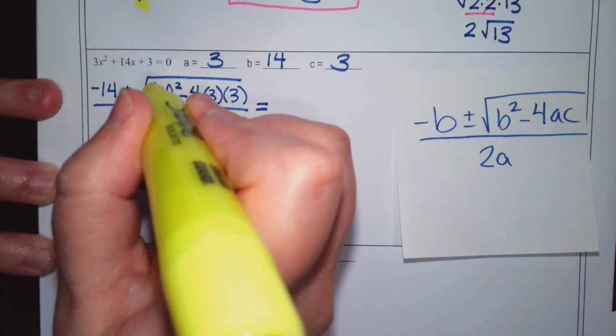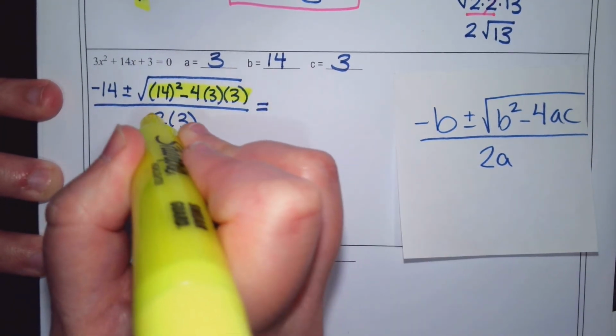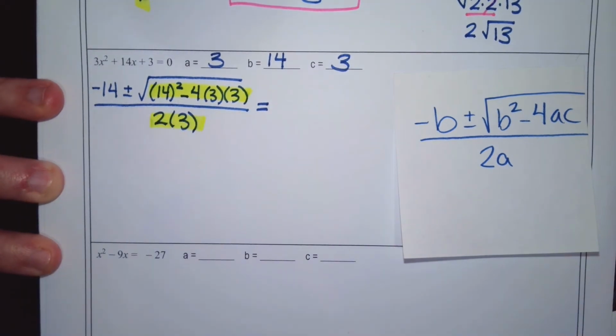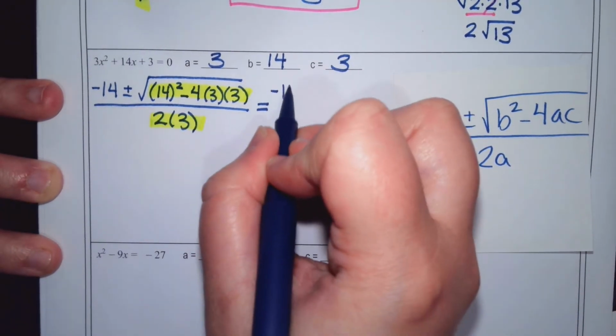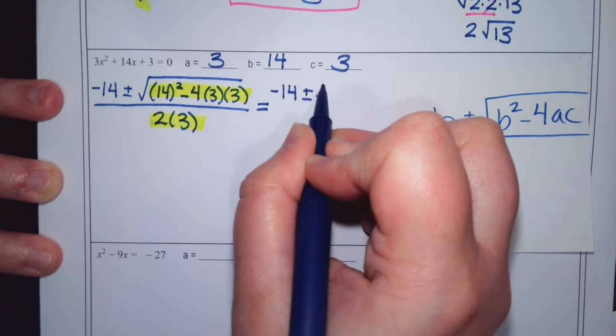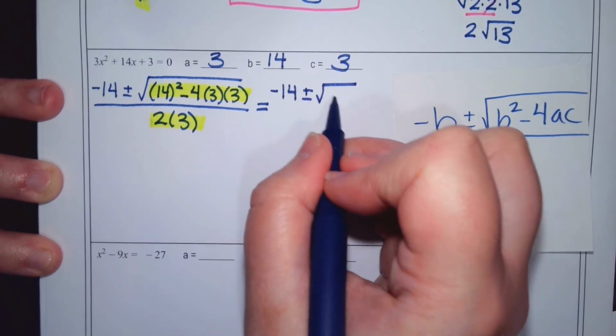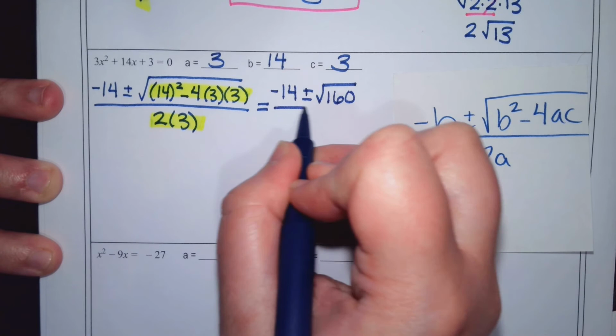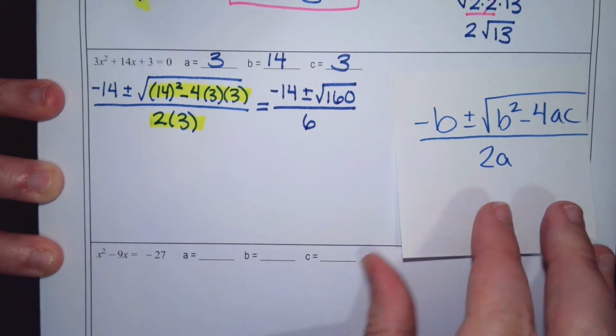We're going to simplify under the square root and the denominator, and we end up with negative 14 plus or minus the square root of 160 all over 6.